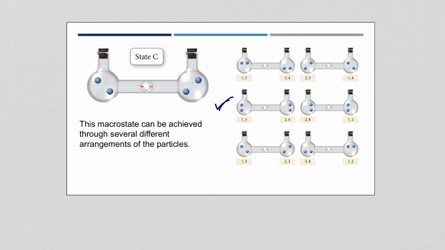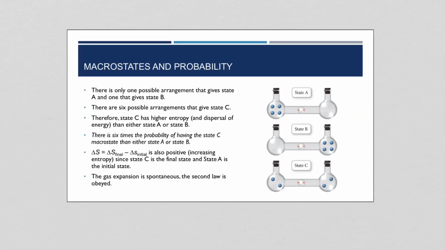So I don't think it takes a lot to consider that there is a higher probability of the gas existing in state C than there is in states A and B, 6 times as high, in fact. So if we come back to it, again, there's only one possible arrangement to give us A and B. There are 6 possibilities for the arrangement of state C. Therefore, state C has a higher disorder, right?